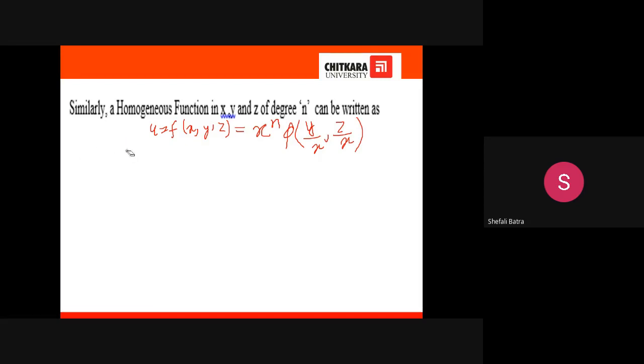Similarly, what can be the other possibility? See, u is equal to x power n function of y by x, z by x.